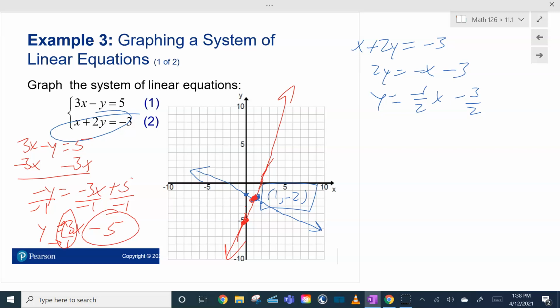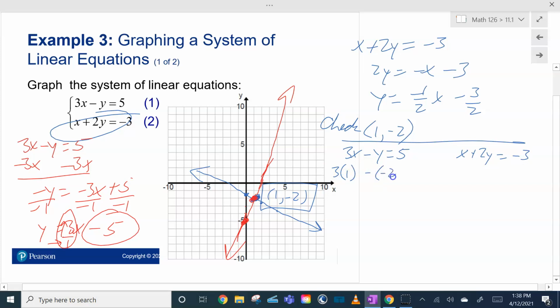And let's check it. If 1, negative 2 is a solution, then when I plug it into each one, I'll get a true statement. So I've got to plug it into both of these, and it's got to be true. In other words, that point, 1, negative 2, has to lie on both linear equations.